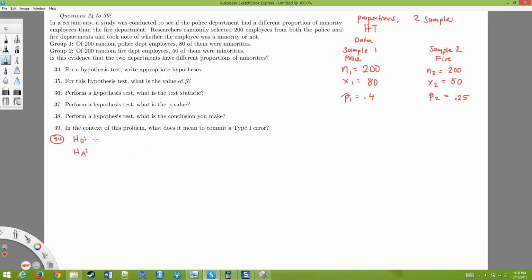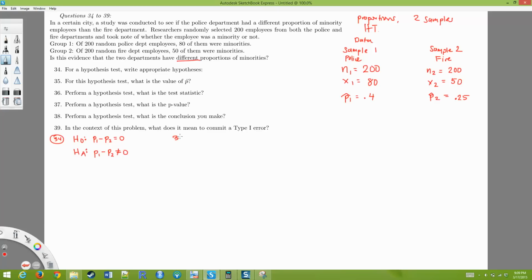So that's what I'll say: P1 minus P2 equals 0. And then the alternative is going to be P1 minus P2 something greater than, less than, or not equal. Okay, well here it says, is this evidence that the two departments are different? So what do I use? Not equal.